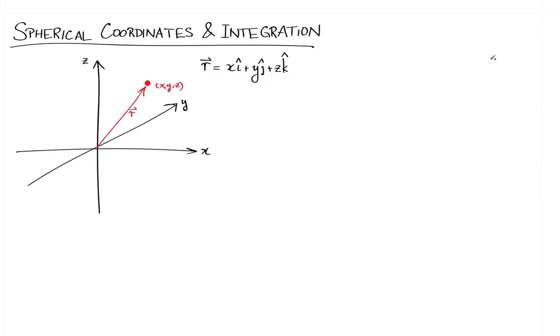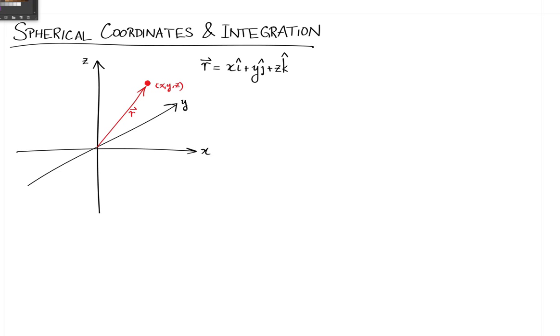Okay, so let's imagine we have some position vector r, the tip of which is at some coordinate from the origin x, y, z. So we would write this position vector as x i hat plus y j hat plus z k hat, as I've done here.